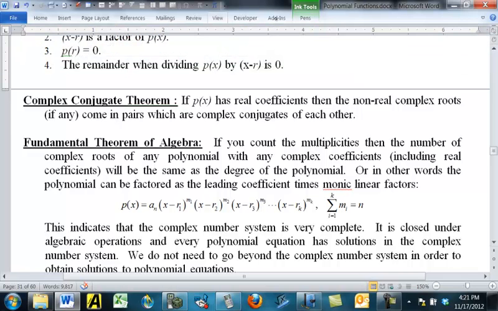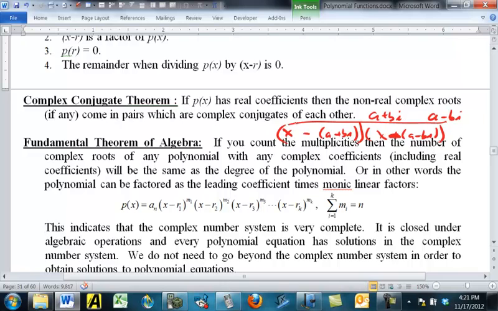So that means, of course, that if you have real coefficients, if a plus bi is a root, then a minus bi is also a root, which means x minus (a plus bi) is a factor, and the other factor is x minus (a minus bi). There we go.